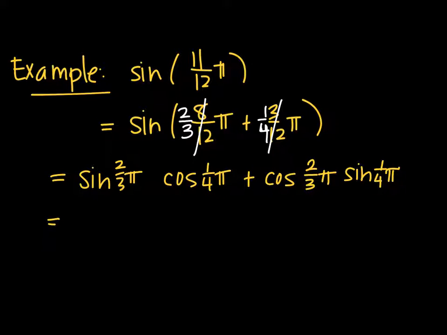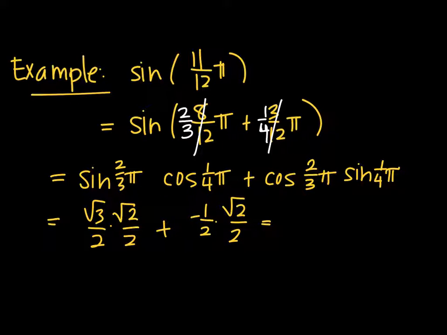Correct. There's only a sign change for the cosine part of it. And so this works out to be rad 3 over 2 times rad 2 over 2, plus negative 1/2 times rad 2 over 2, which ultimately works out to be rad 6 minus rad 2 over 4.